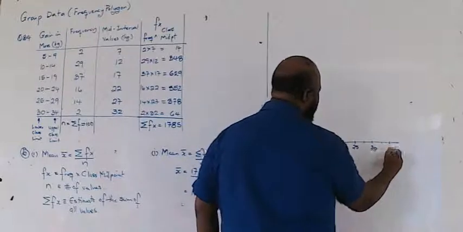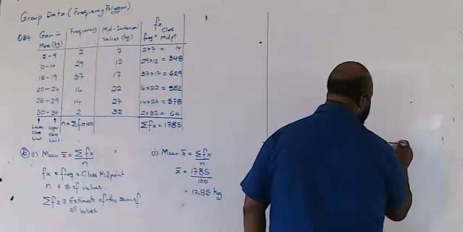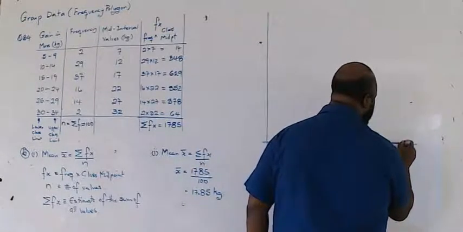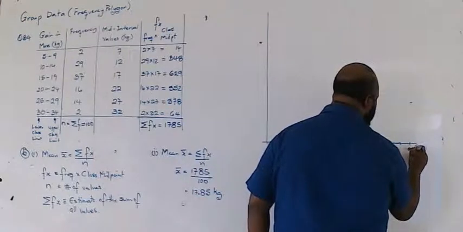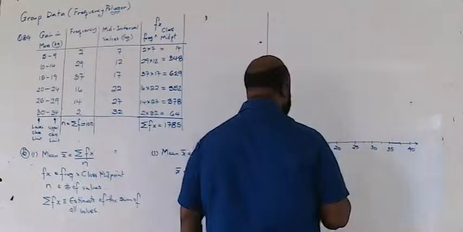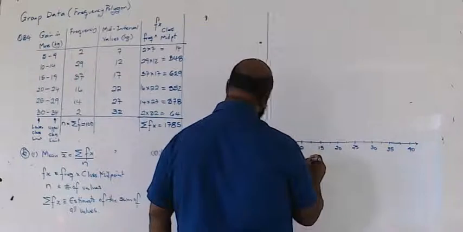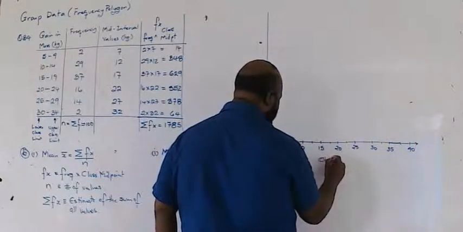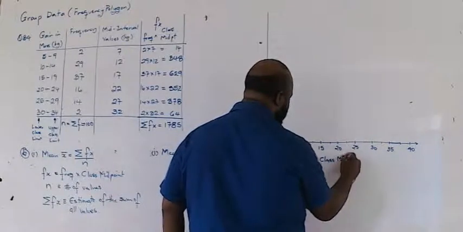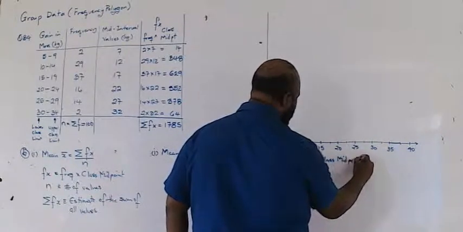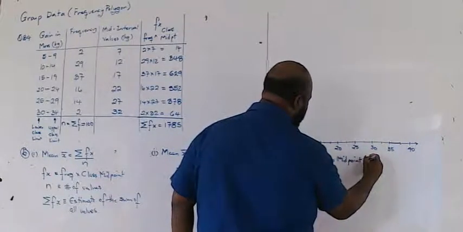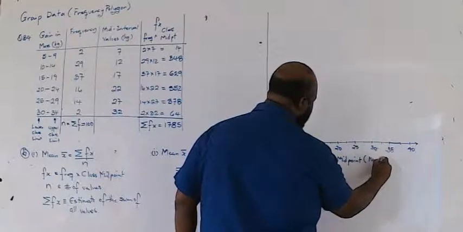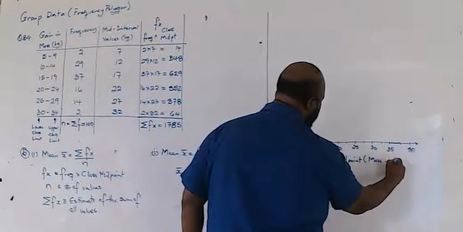I need to work a bit further. 40. Down here is going to be the class midpoint, which is still what? Mass in kilograms.